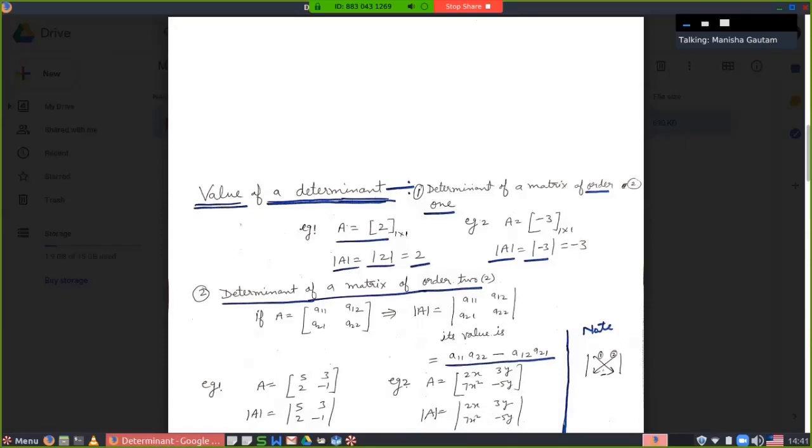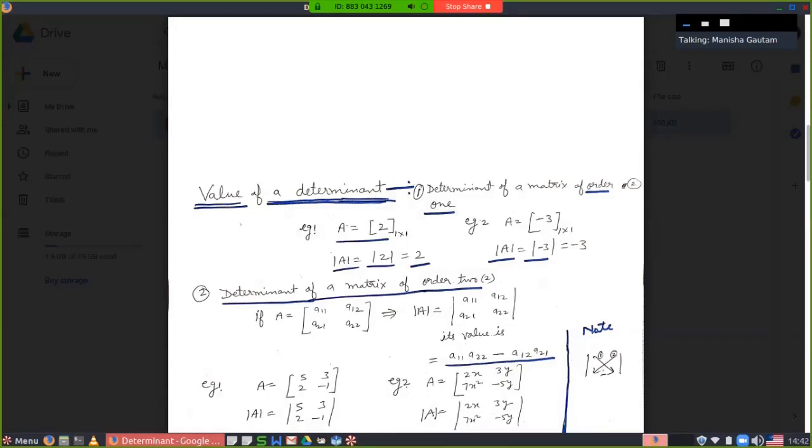First of all, write it in the form of determinant: put A in parallel lines, equal to 2 written between the parallel lines, and the answer for a 1 by 1 order is the number written in the determinant, as it is.